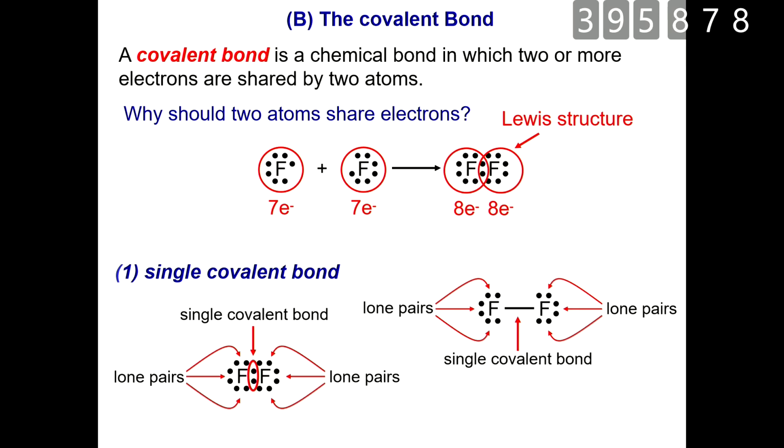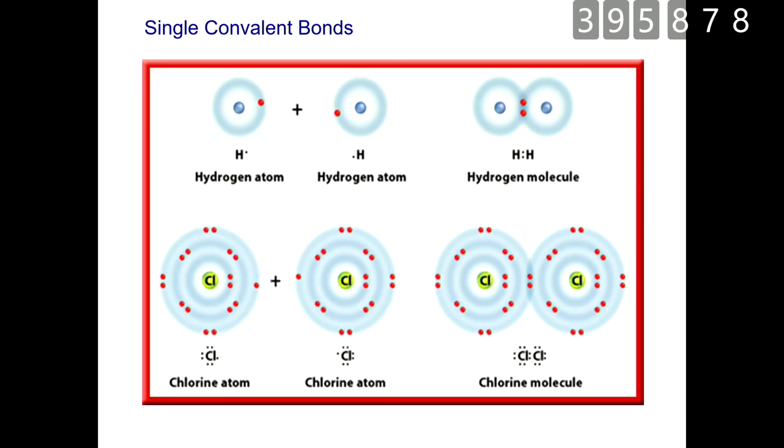Okay, so this is the formation of a single covalent bond. After they form the single covalent bond, each atom has 8 electrons. Okay, so this is the formation of a single bond.